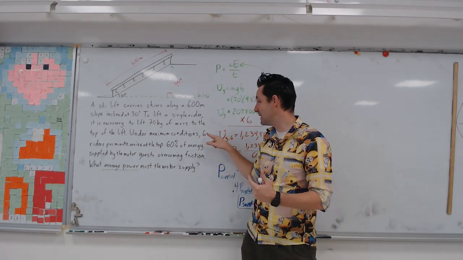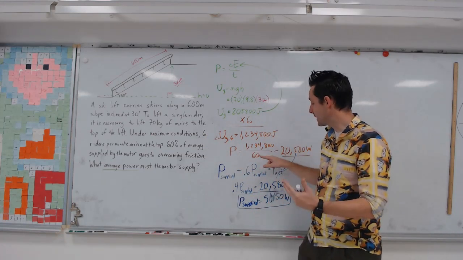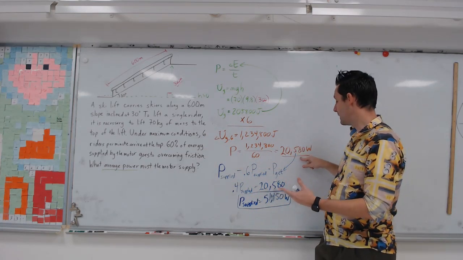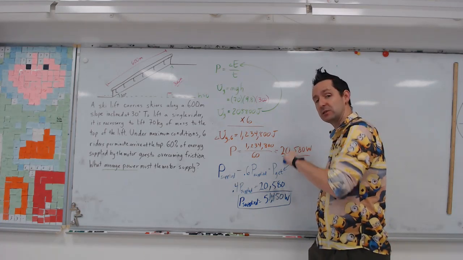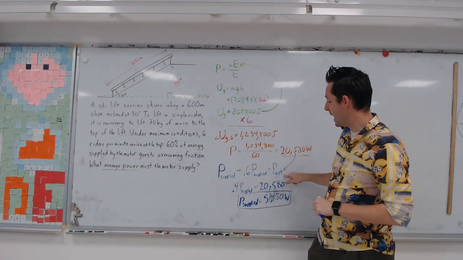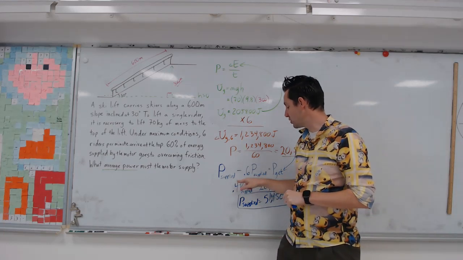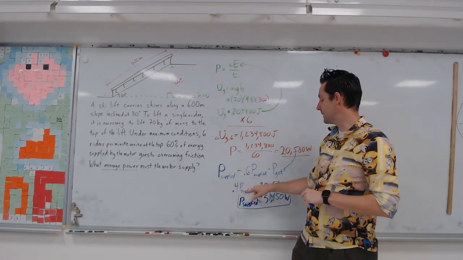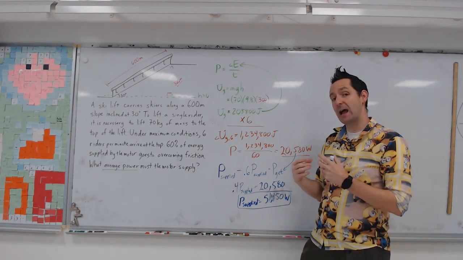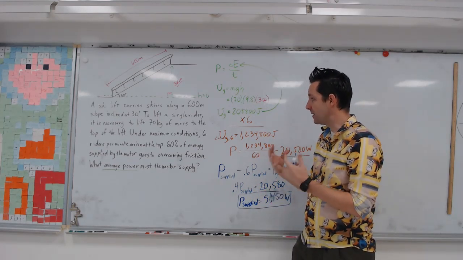So I used the energy for 6 people and the time for those 6 people to get the total power I needed to get them to the top. Once I got them to the top, I could use that information with the information that 60% was being lost due to friction, and I was then able to find the total power that actually has to be supplied by the engine.